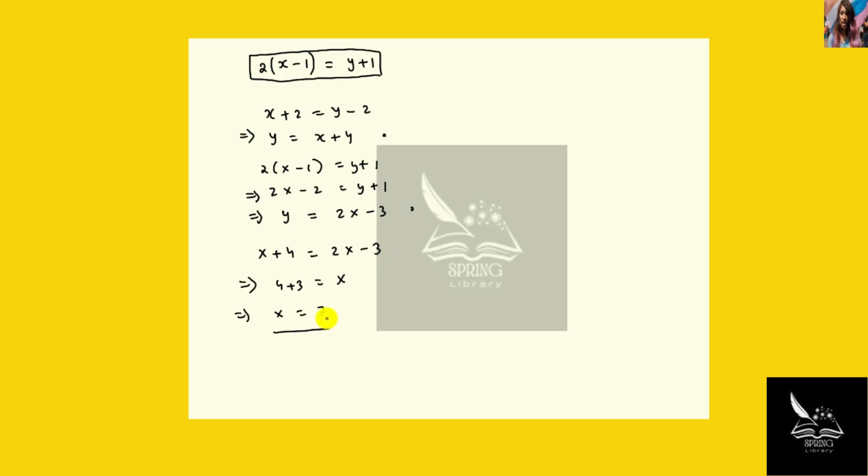But now if x equal to 7, we can use this equation. This implies that y is equal to x plus 4, but x is 7, so y equals 7 plus 4.